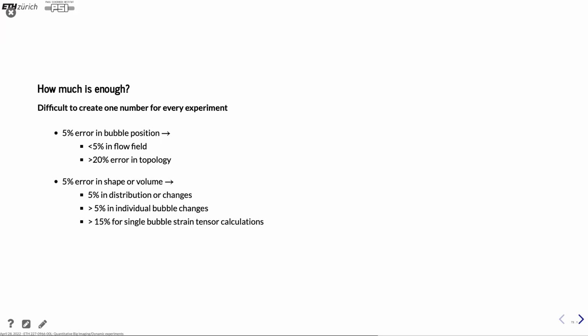We can also look at 5% error in shape or volume, looking at distribution changes and individual bubble changes, or even strain tensor calculations. There are many parameters where you have to decide what your criteria are to accept this as a good experiment and also as a good analysis. So all these numbers you have to define.